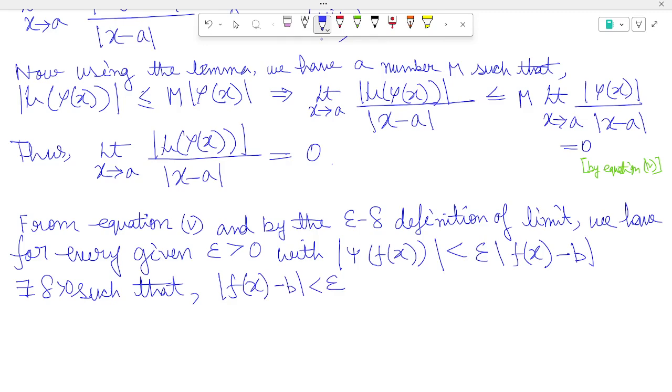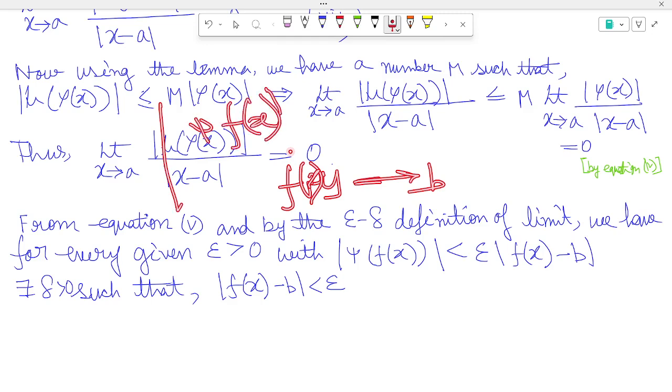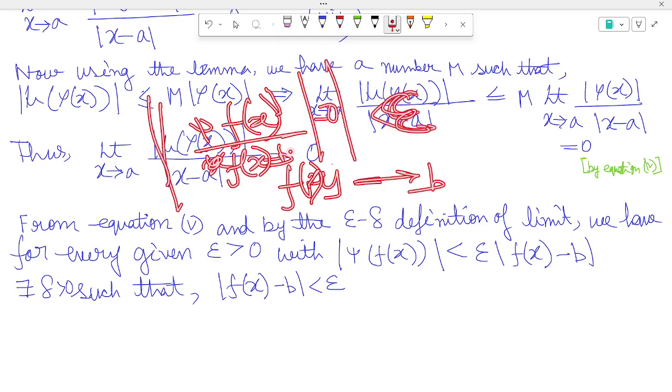Okay, because we are tending f(x) or y, whatever you are taking, to b. So this term psi of f(x) by |f(x) minus b|, that whole thing minus 0, is less than epsilon.